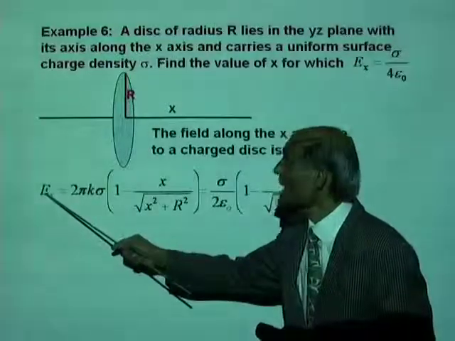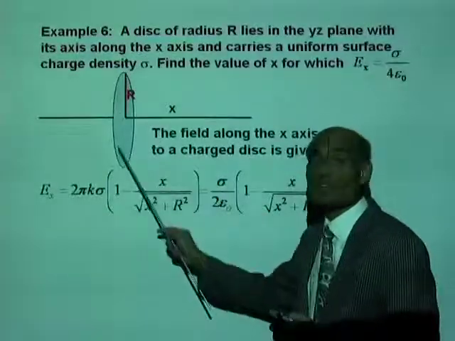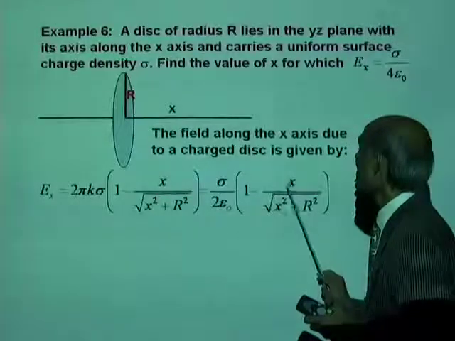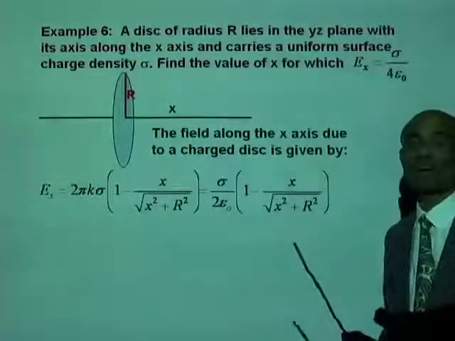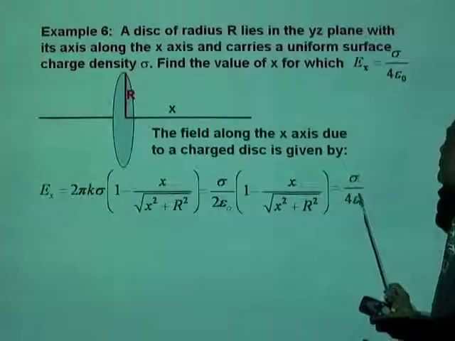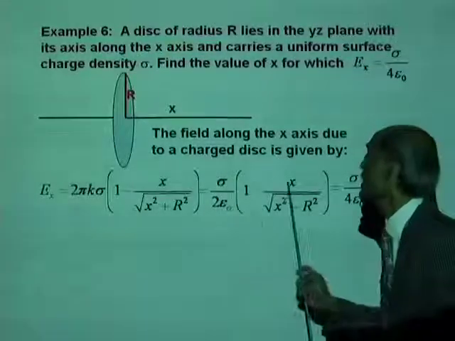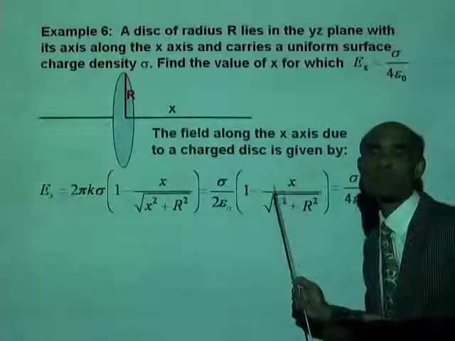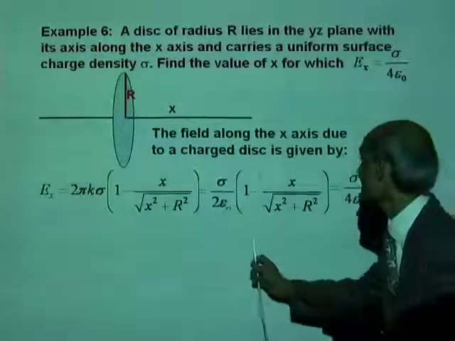So the electric field at a point on the x-axis of this disk is sigma over 2 epsilon naught times 1 minus x over square root x squared plus r squared, and this quantity is now equal to sigma over 4 epsilon naught. So all we need to do is take this equation and solve for x. If I leave it like this, can you do that? It is simple algebra, at the level of college algebra. So let's take that equation.